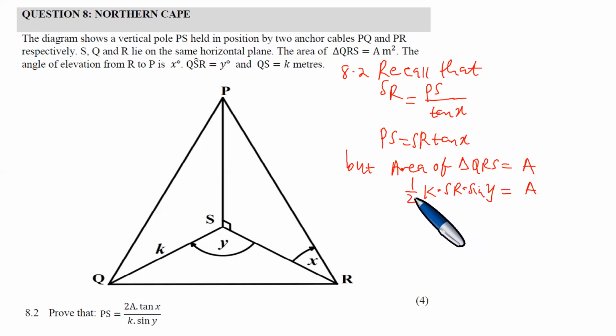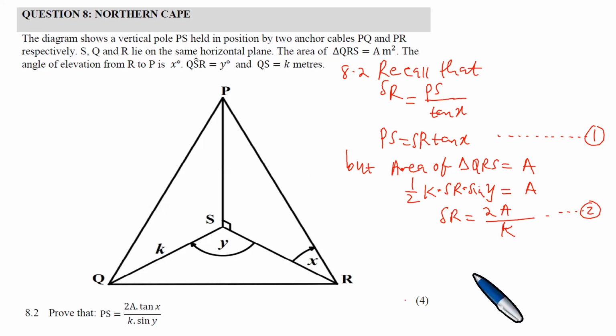It's very clear we can cross multiply and get that SR is, if you cross multiply, exactly twice A, and then you divide by the side K, the length K. Right, so we have 2 equations, and Mr. Examiner, these are like simultaneous equations that are arising from this beautiful question from the Northern Cape province. And now we say we substitute.